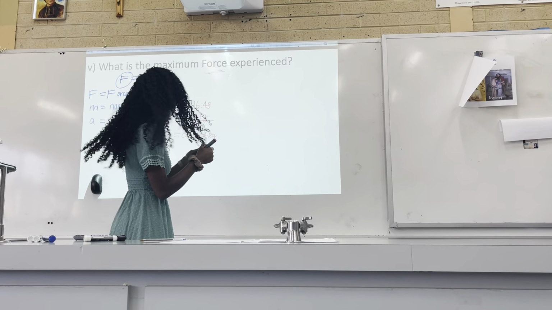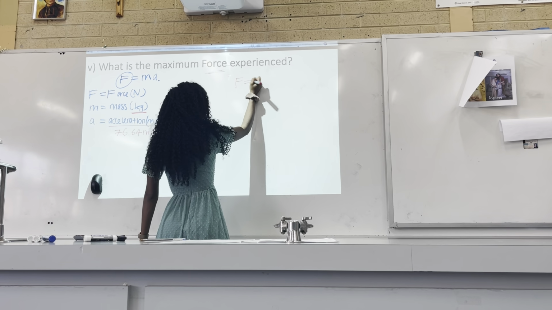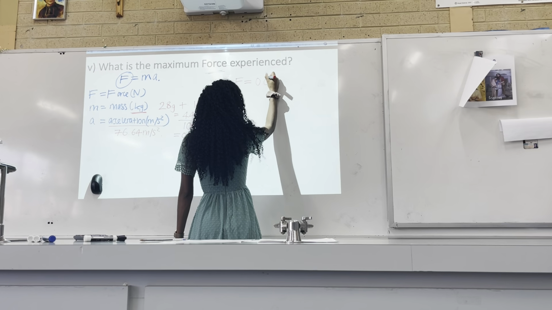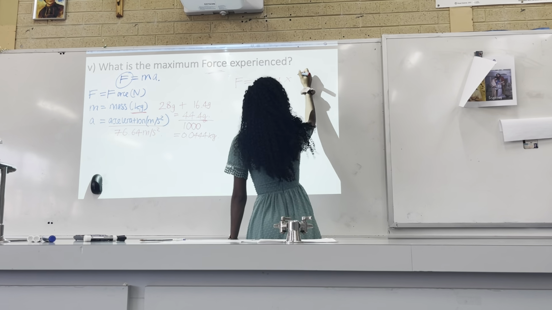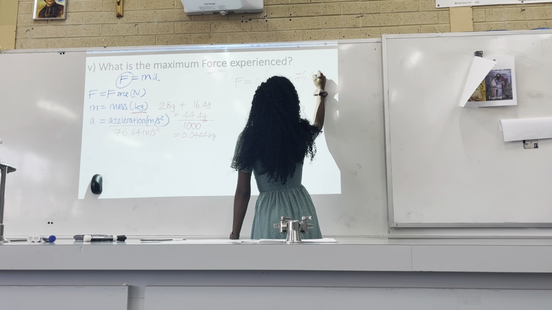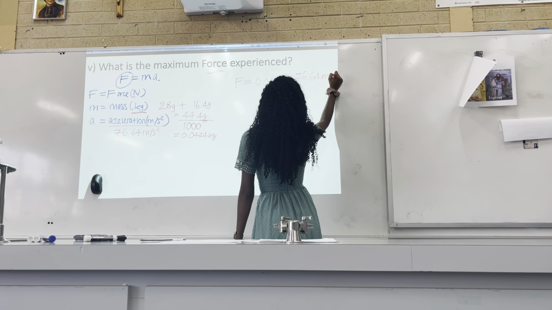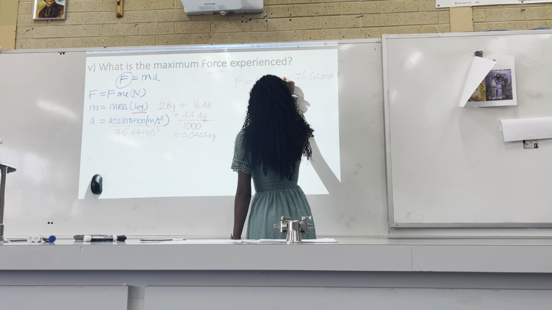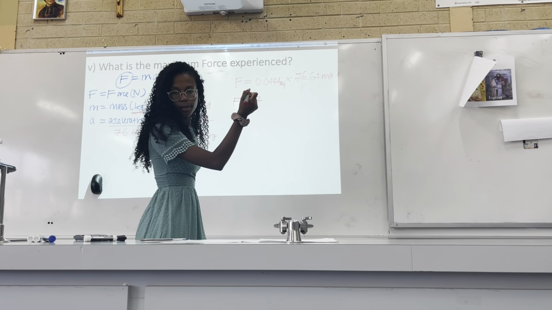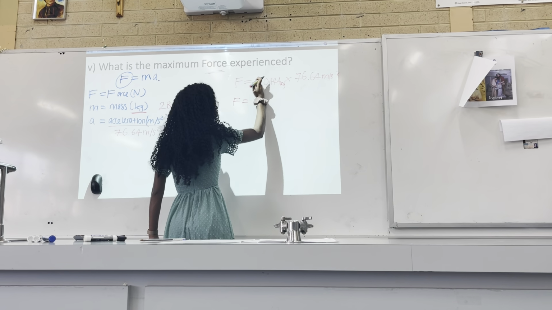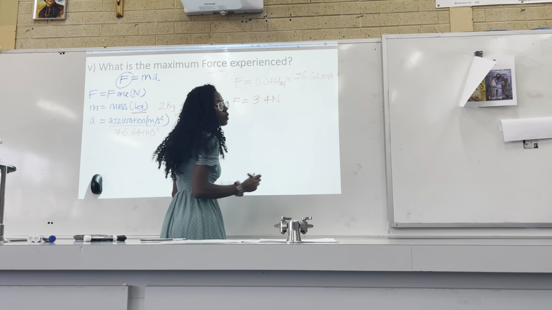F equals 0.0444 kilograms multiplied by 76.64 meters per second squared, so F equals 3.4 newtons.